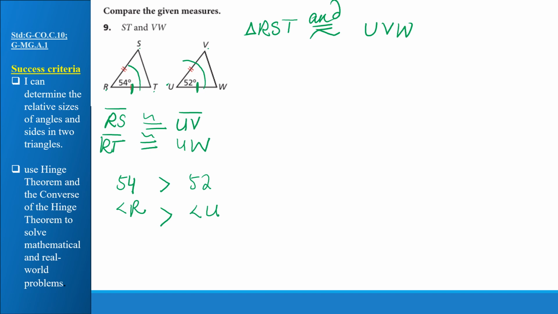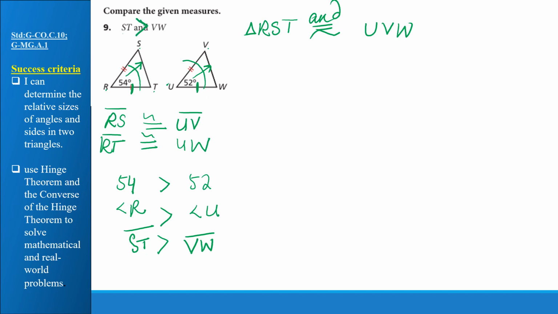Now, if this is the scenario, check the opposite sides. The opposite side of 54 is ST, which will be bigger than the opposite side of 52, that is VW. So we can say ST is bigger than VW.